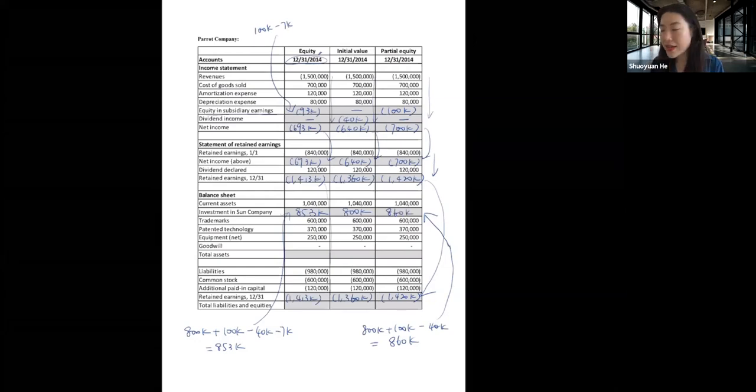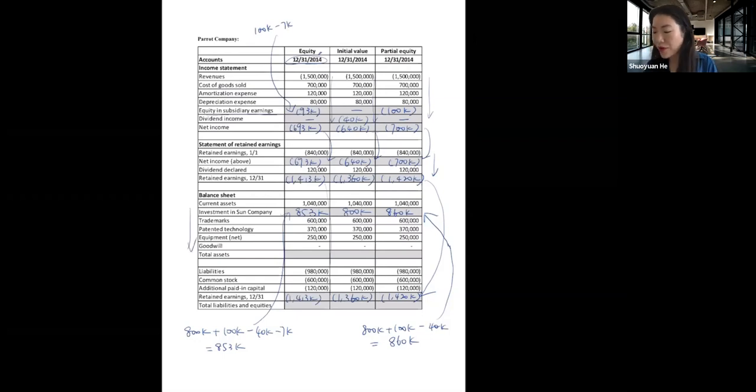And then the rest is you just do the sum, right? You sum up all of the assets, and that will give you your total assets. And then you sum up all of your liabilities and shareholders' equity, and that will give you your total liabilities and shareholders' equity.